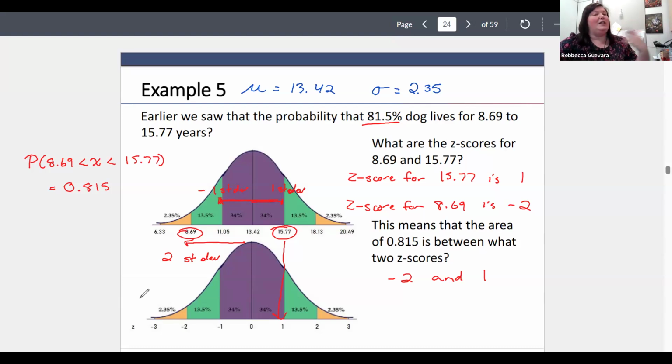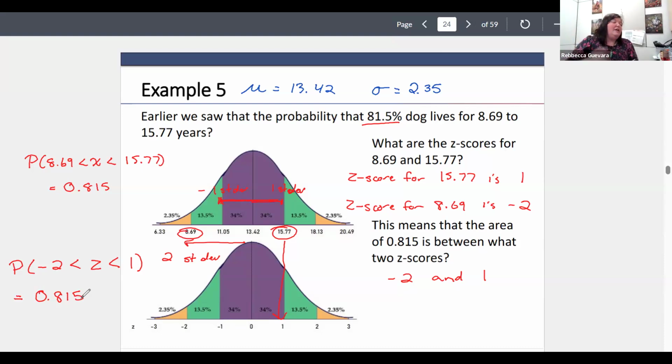But another way we can talk about that same probability is in terms of z-scores, because 8.69 is just a z-score of -2, and now my x's are all z-scores, and 15.77 is just a z-score of 1. And that gives me the same probability.